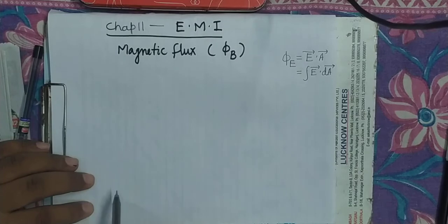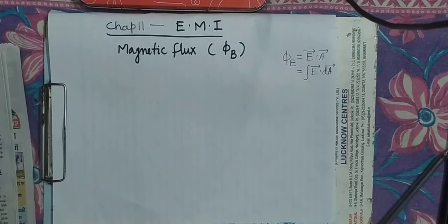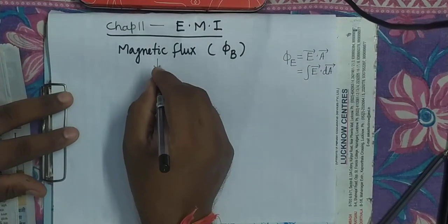Electric flux is a scalar quantity. In the same way, magnetic flux is also a scalar quantity. And what is magnetic flux?